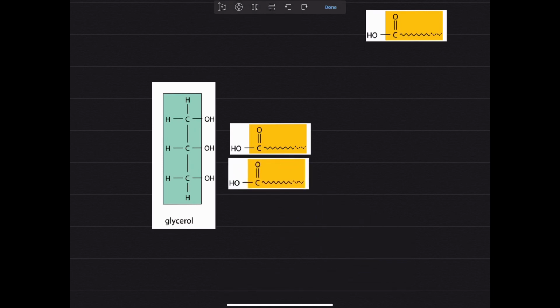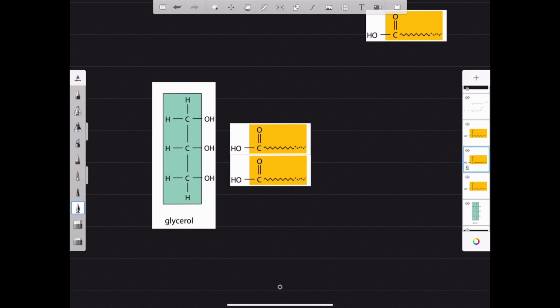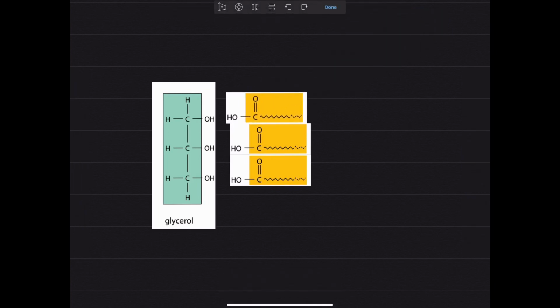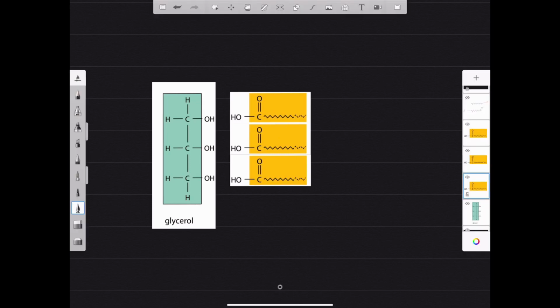And let's line it up there. Okay, and then we'll take our final, is it this one? Just check, yeah, it's this one here. And we line it up here. So we've got our three fatty acids chained, and notice where they are lining up against.